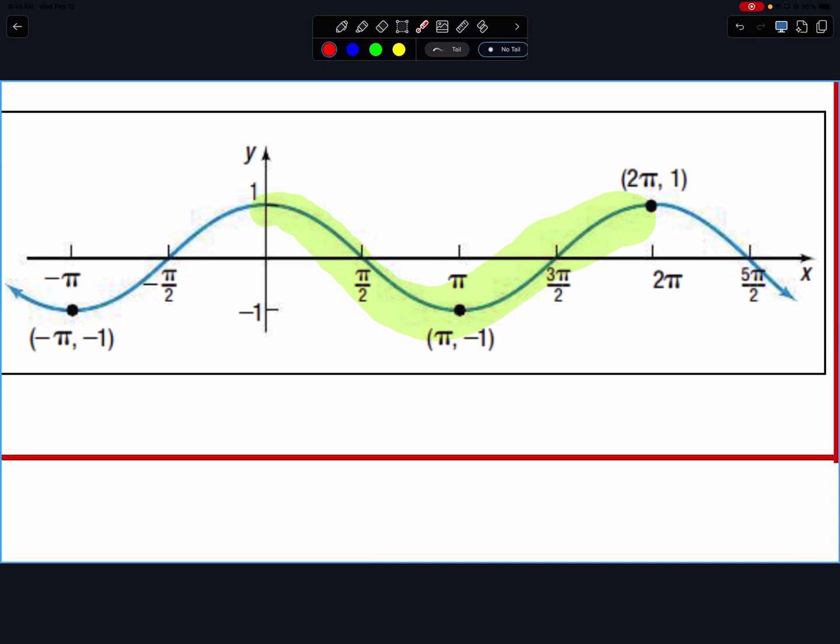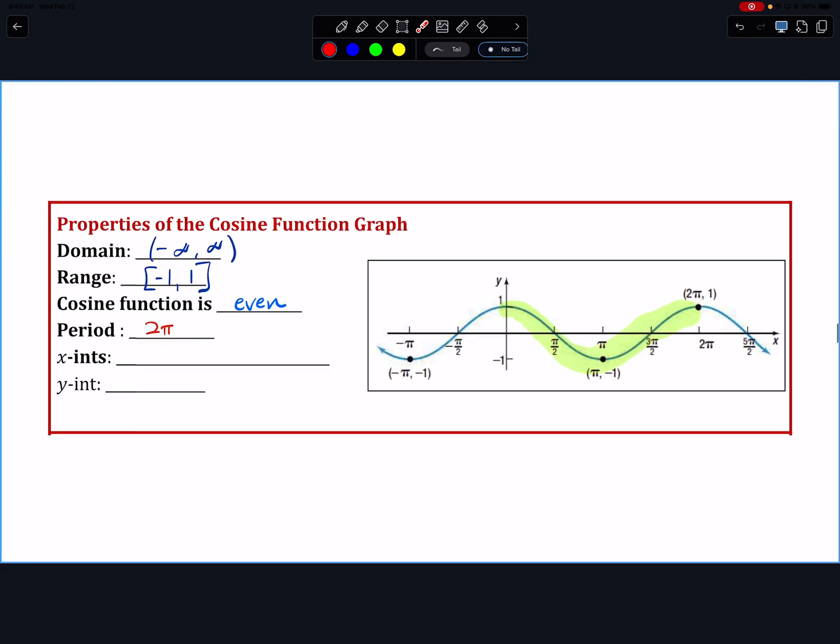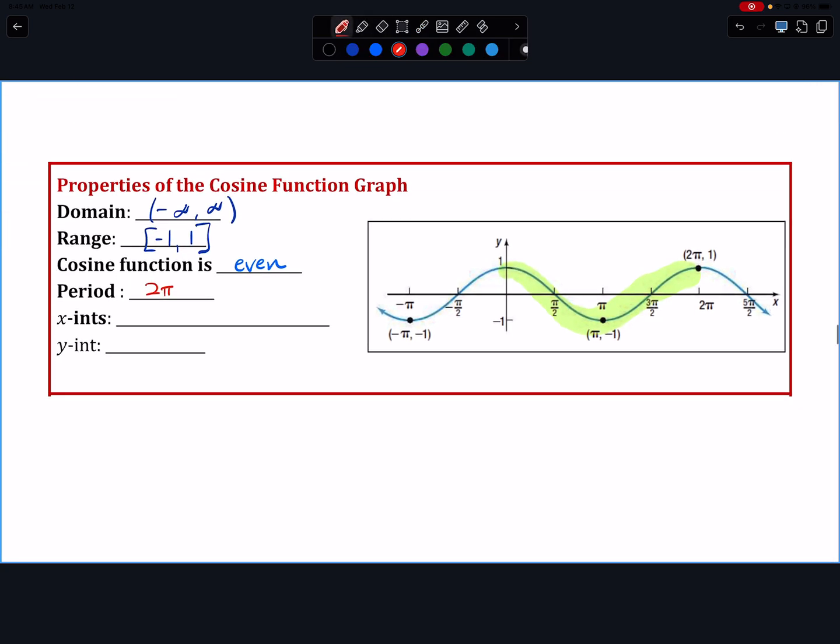What do all those numbers have in common? Yes, but what type of numbers are 1, 3, 5, 7, 9? They're odd. Okay? So the x-intercepts are going to be odd values of pi over 2.